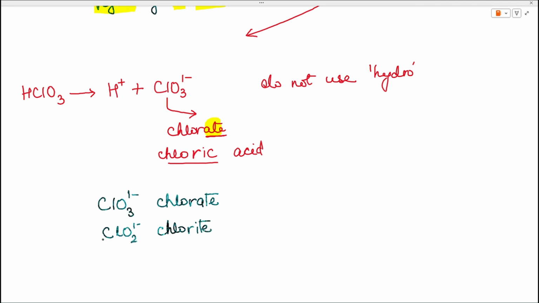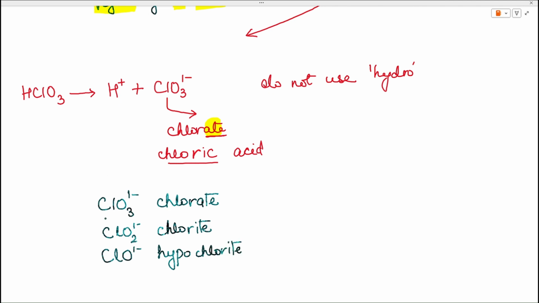Now, if I reduce one more oxygen over here, it is ClO with a 1 negative charge, and now this is going to be called hypochlorite.